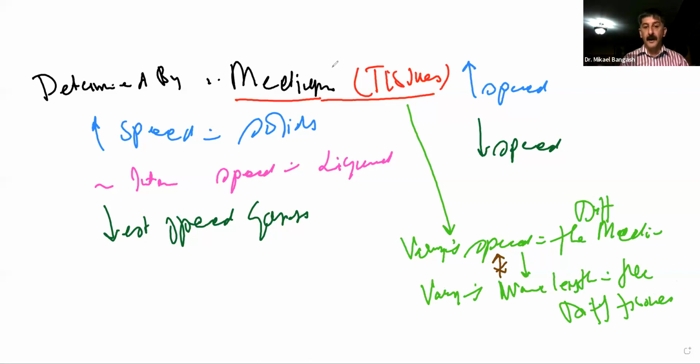So pretty much, due to this, the changing speed changes the wavelength. That was why your wavelength was determined not only by the source. In the case of the source, it was just related to the frequency and period, and we have already talked about that relationship.